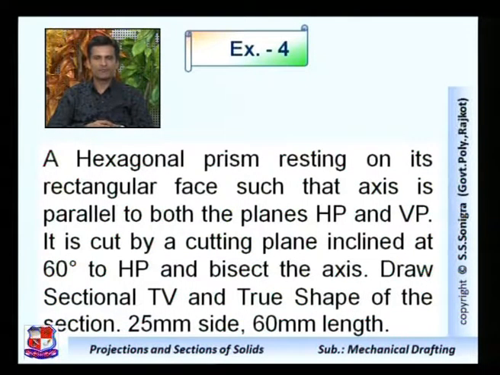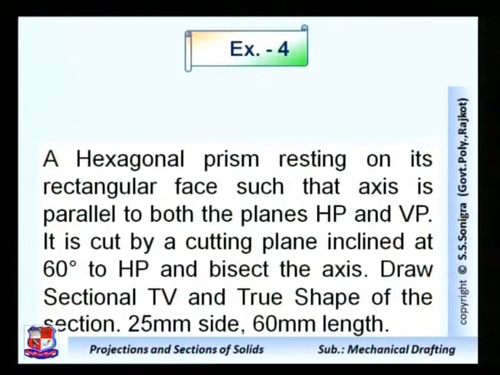Draw the sectional top view and true shape of the section. Side length is 25 mm and axis is 60 mm. So here a hexagonal prism is given. It is resting on its rectangular base. So in short, data can be written like this. Hexagonal prism 25 by 60 resting on its rectangular face, cutting plane 60 degrees to HP.